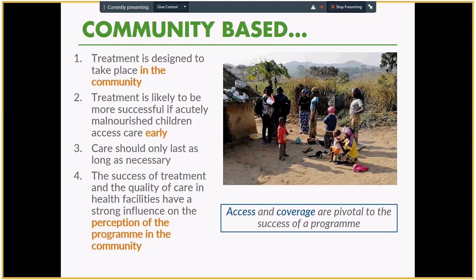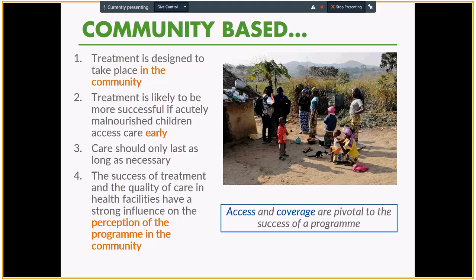It's ACF who does the core training on treatment of acute malnutrition, both inpatient and outpatient. So we are the absolute experts on that. So that's just a quick overview of what the core principles behind this treatment method are. And that's the community in rural Cameroon.